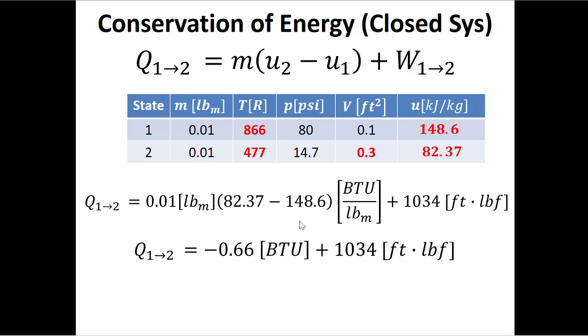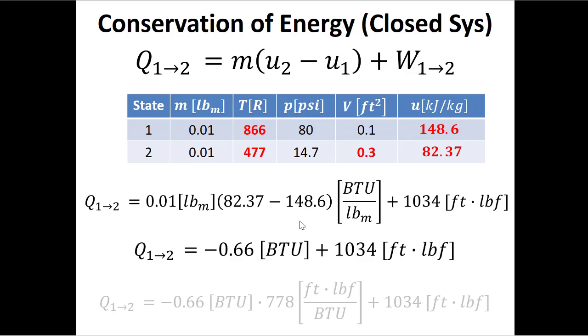If I wasn't tracking the units in my calculation, I would potentially make a really big mistake here. But here I see that it makes no sense to add British thermal units, or BTU, to foot-pounds. So I have to convert BTUs to foot-pounds. And this is really weird.